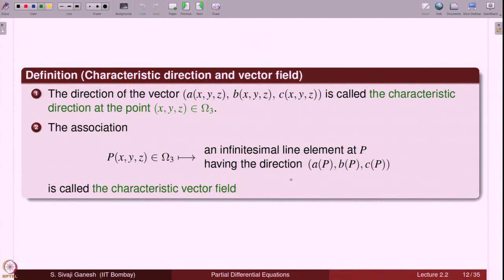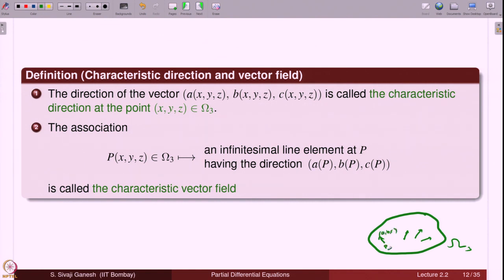Basically, vector field means you are associating a vector to each point. We can't draw things in 3 dimensions, but imagine this is your omega, and at any point you just put some lines like that. These are the directions of ABC at that point.